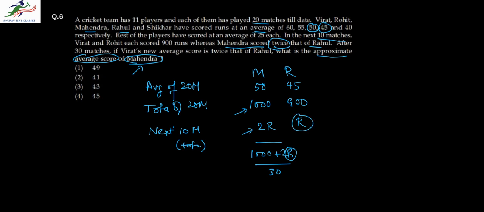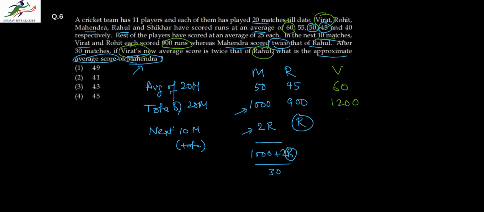Now it is said that Rahul's score, R, is linked to Virat's score. Okay. Now we have to look at Virat's score. So Virat scored an average of 60 in the first 20 matches. So therefore 1200 was his score. And in the next 10 matches, Virat and Rohit each scored 900 runs.